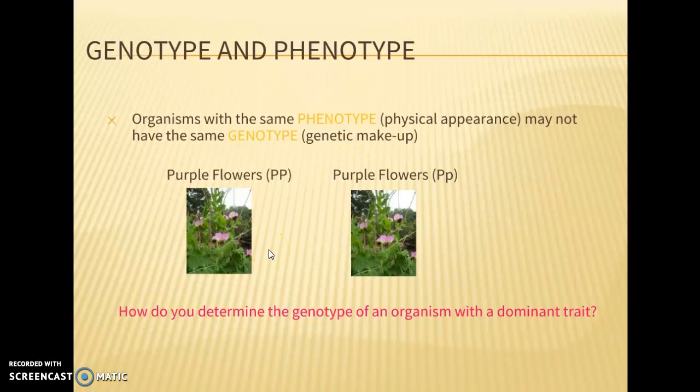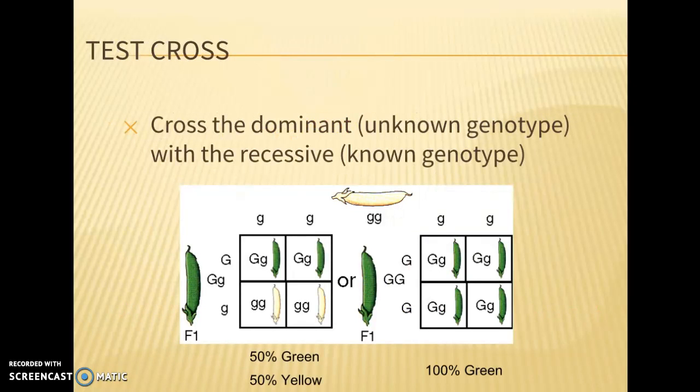So, if you have an organism with a specific phenotype, but you're not sure what its genotype, or genetic makeup, is, how do you determine the genotype of an organism with a dominant trait? Well, we would take that organism and we do a test cross. That is where we cross the dominant.